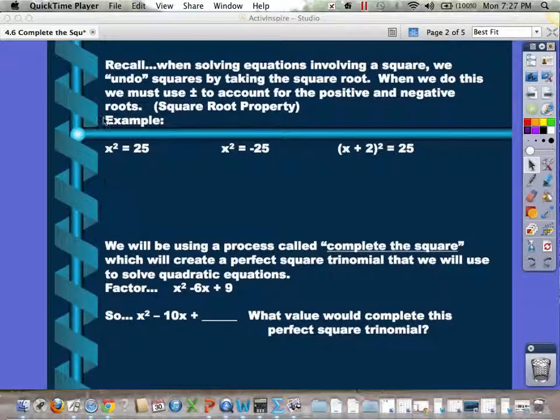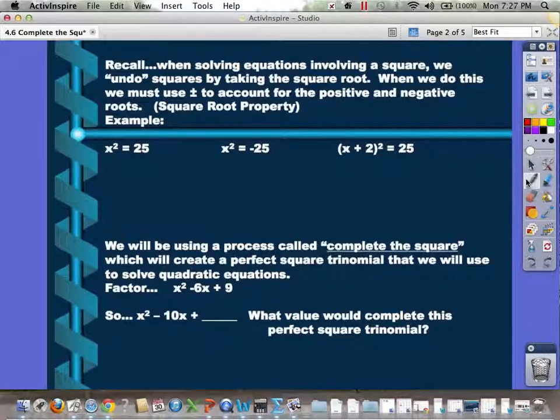All right, so for instance, we have x squared equals 25. Well, we've learned that to undo squares, we take the square root. So if I take the square root of this side, I have to take the square root of that side. When I do that, this little 2 in the index and this 2 exponent essentially cancel each other.